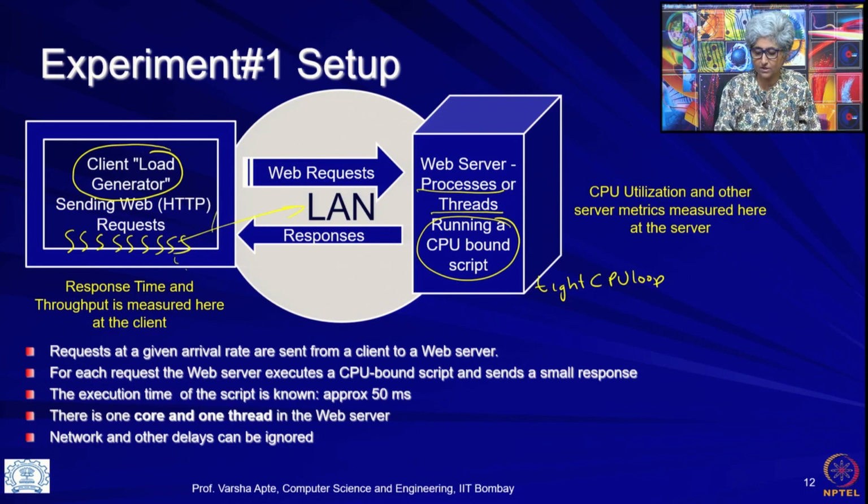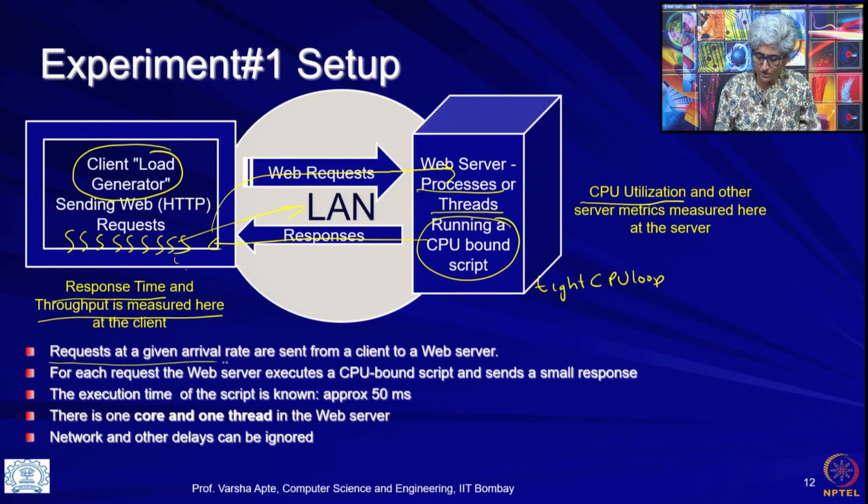The web requests are sent and the web server sends responses, and this load generator notes the response time. Throughput is also measured at the load generator, and at the server we can use operating system utilities to measure things like CPU utilization.